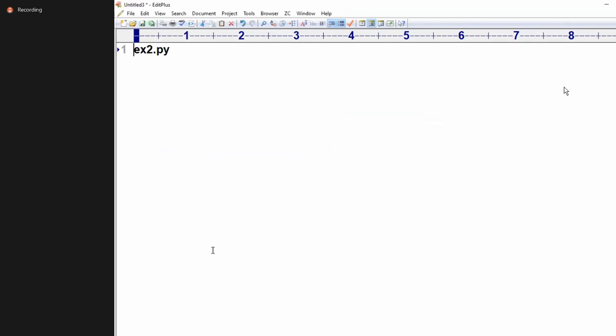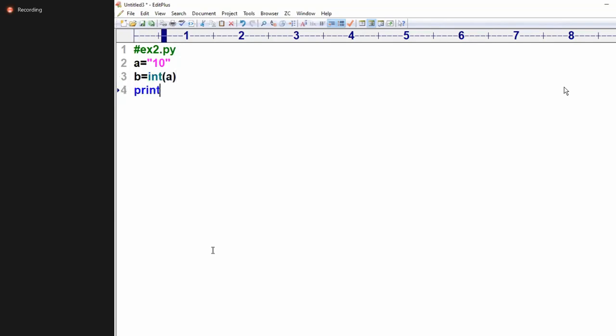Come on, answer my question. Yes. Now I am writing b is equal to int of a. I can convert the value of a. Now I am writing here print value of b, in double quotes, value of b is equal to, comma b.